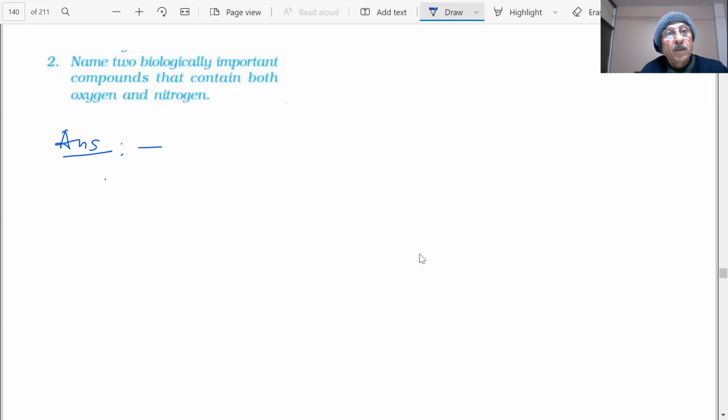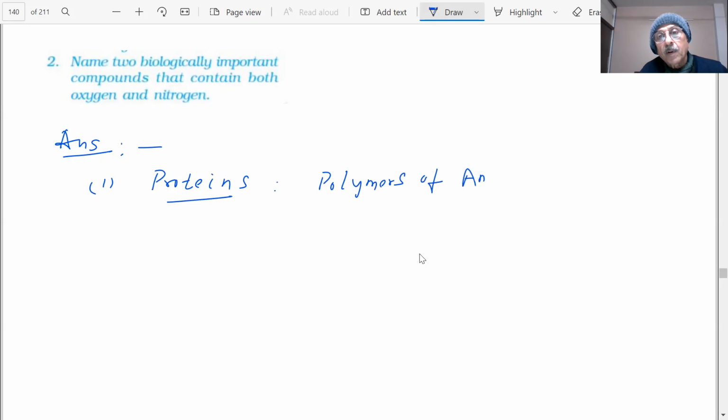The proteins and nucleic acids. Proteins are polymers of amino acids, students. Proteins are required for your body, the whole body, whichever you have, skin and all that.